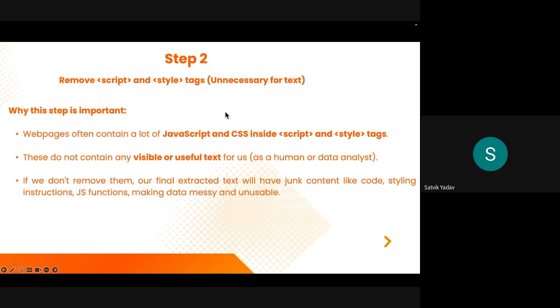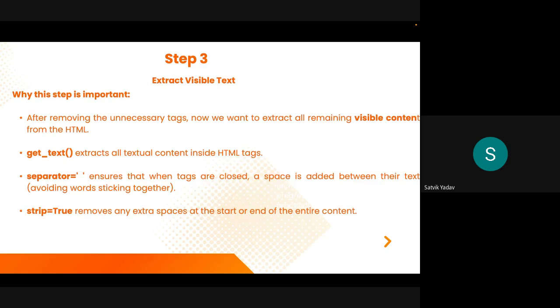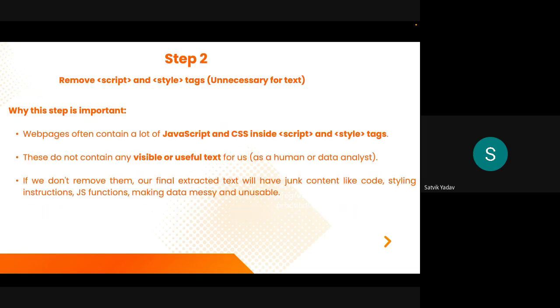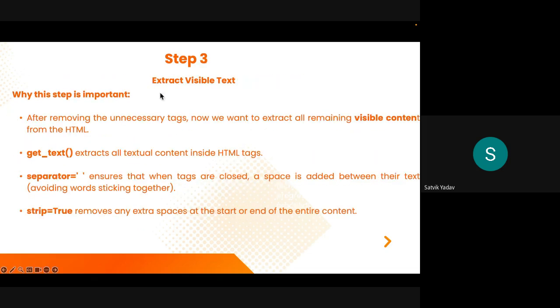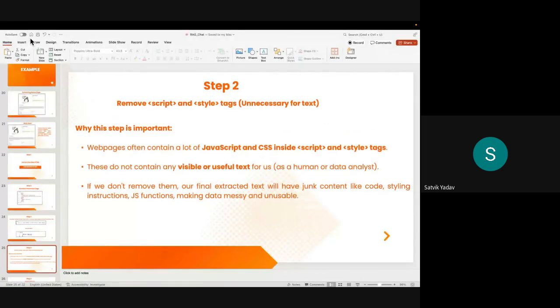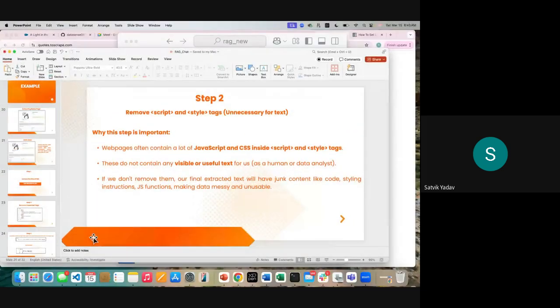So what we will do is remove the text that is based on script, style and tags, and that is done by using a method called get text. Then we will use a separator and extract. So let's get to the code, and let me show you how it is done. Then we will come back here.